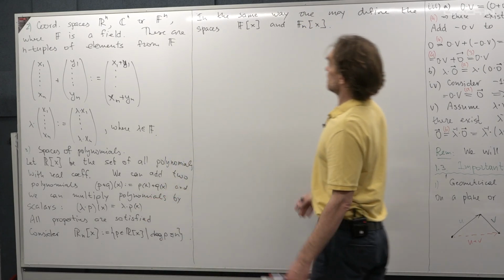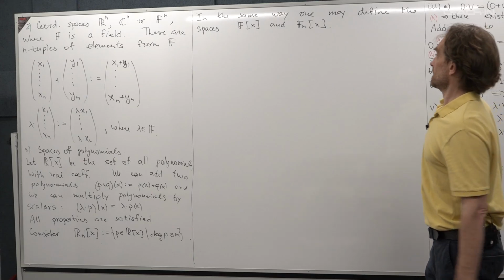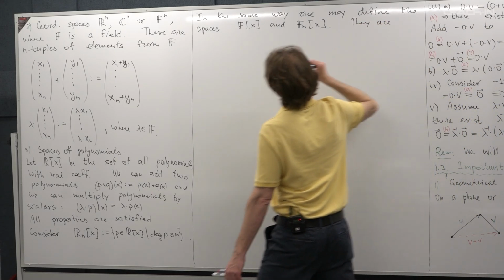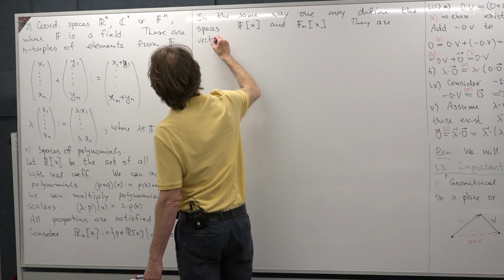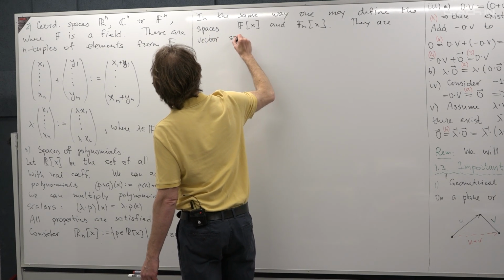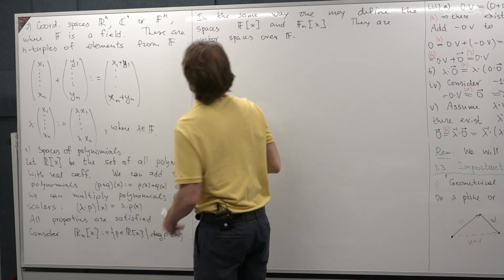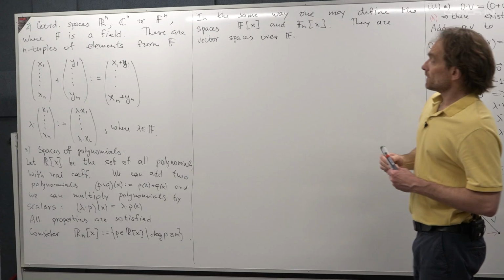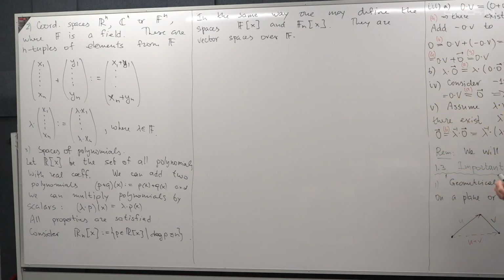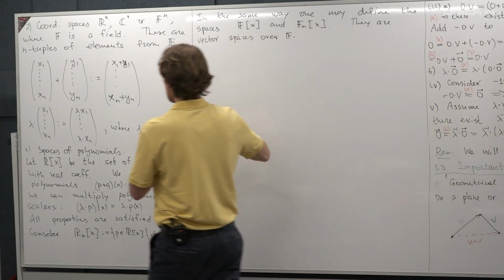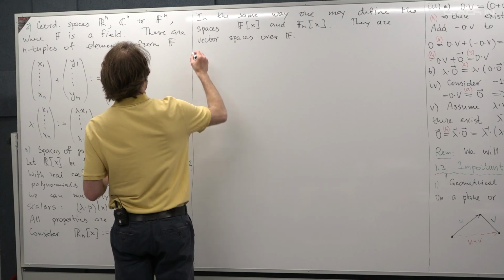Of course, they are also vector spaces over F. So this gives us another important class of examples. Then spaces of matrices.